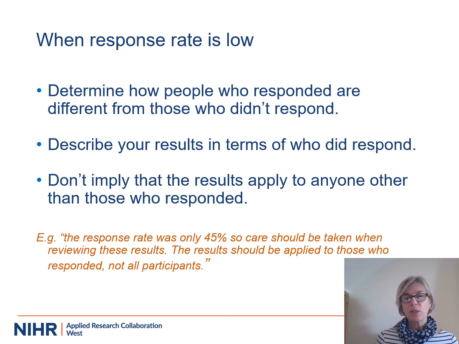And so a caveat around our results of the kind given there on the slide is really important to include in your evaluation report, a sort of warning, if you like, about who the results apply to and how safely we can generalize from those results. With a low response rate, we can't confidently say those results are applicable to any population other than those who responded. So a statement to that effect is the best you can do.